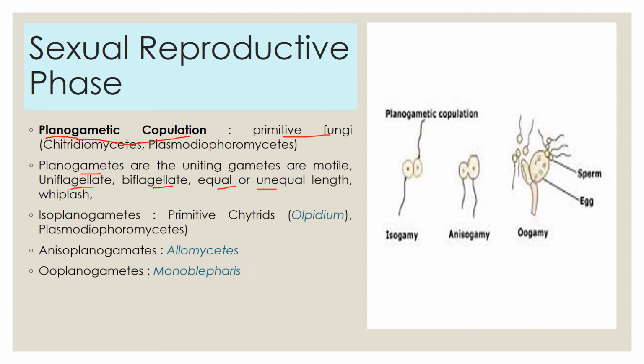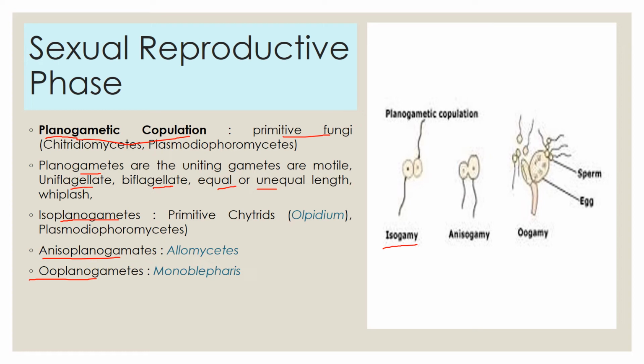They can be whiplash, they can be tinsel, but according to all these types, planogametes are divided into three categories: the isoplanogametes, the anisoplanogametes, and the oogametes. If both the fusing gametes are of equal size and similar structure, then it is called isogamy, and such gametes are called isoplanogametes.